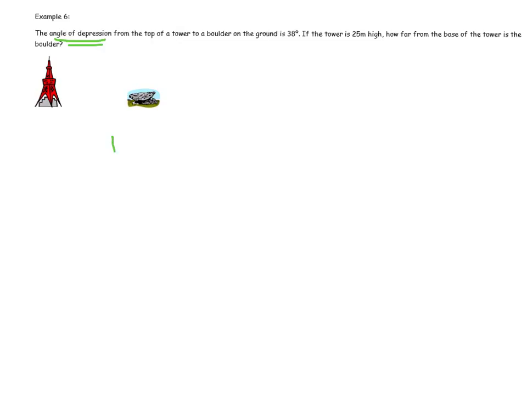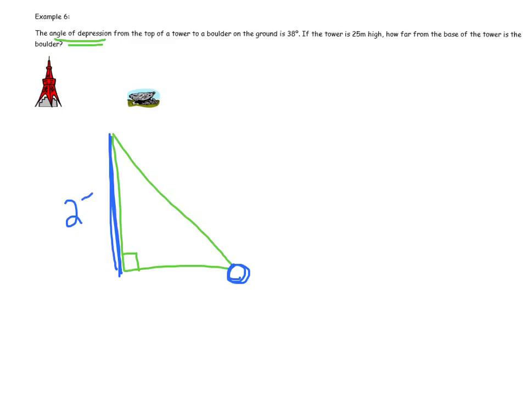So first you want to sketch out a right triangle. Okay, your tower, your house, your building, that will always be right here. Okay, so our boulder will be down here, our tower will be up here, and our tower is 25 meters.